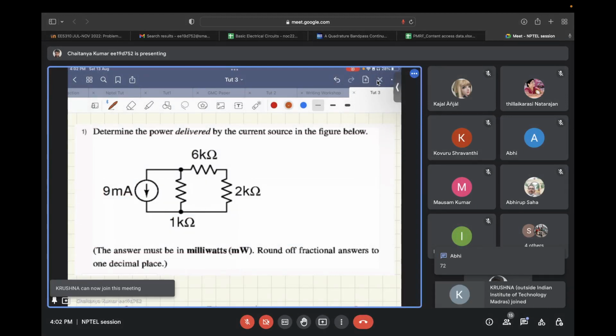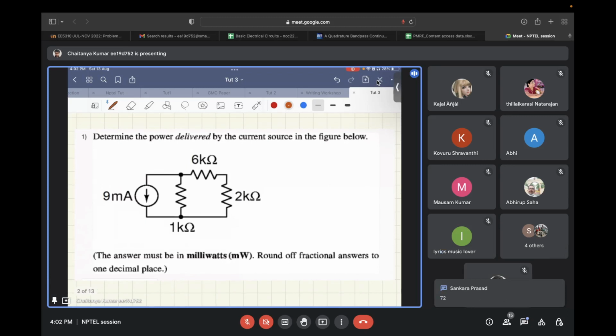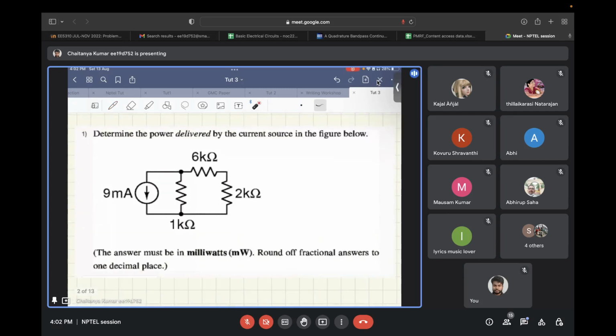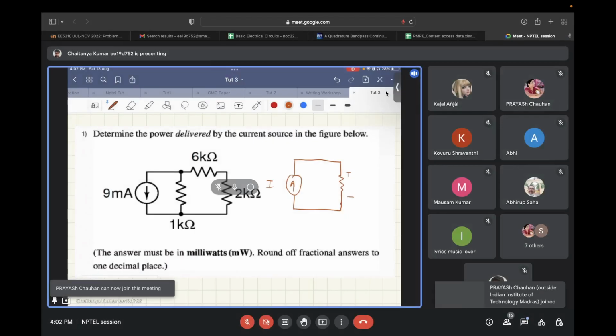Okay, so let's continue with the solution of this problem. We need to find the power delivered by the current source. Let's consider a simple circuit. For example, a current source of some current is pushing the current into some resistor.